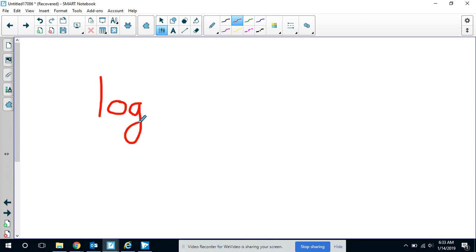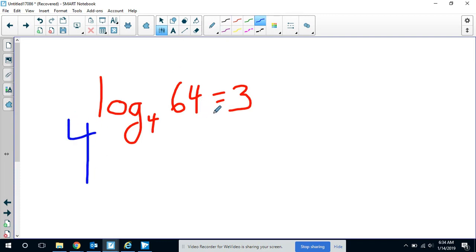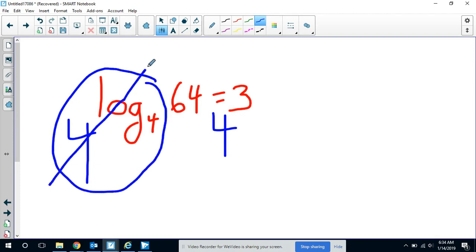So if I have log base 4 of 64 equals 3, if I'm given that, I can rewrite this in exponential form, because I can take 4 to the power of both sides, and 4 to the log base 4 essentially cancels out, because they're inverses of each other. And so I end up with 4 to the 3rd power equals 64.